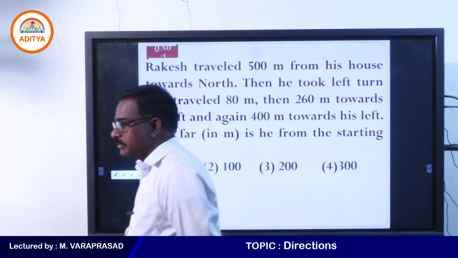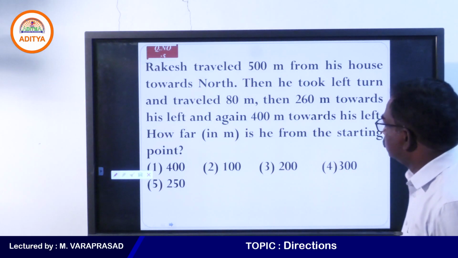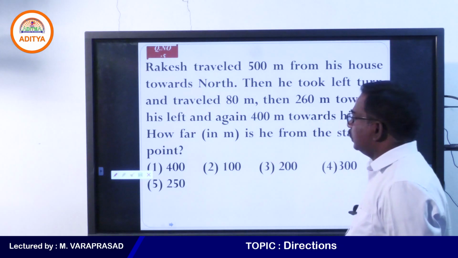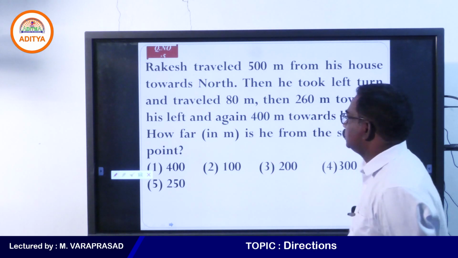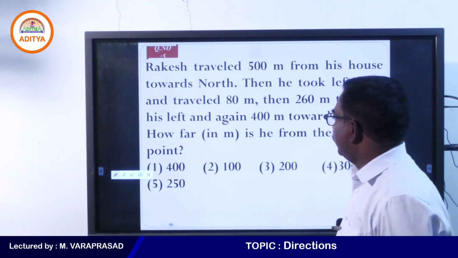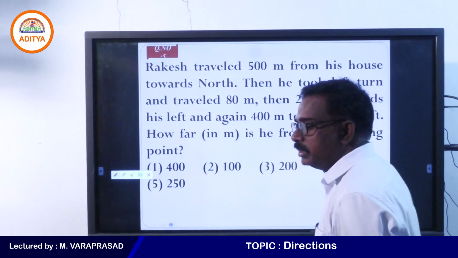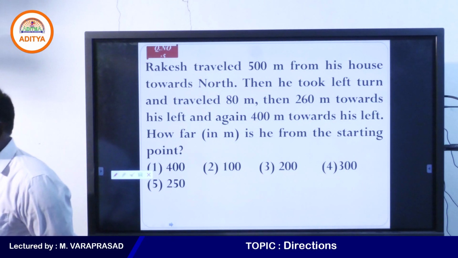Yes, my students. Rakesh travelled 500 meters from his house towards north. Then he took a left turn, travelled 80 meters. Then 260 meters towards his left and again 400 meters towards his left. How far is he from the starting point? What answer will you get here?